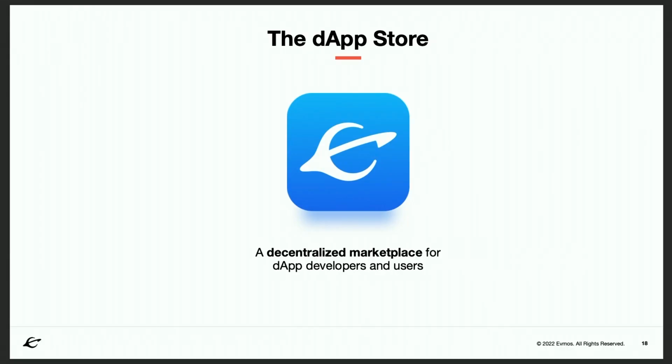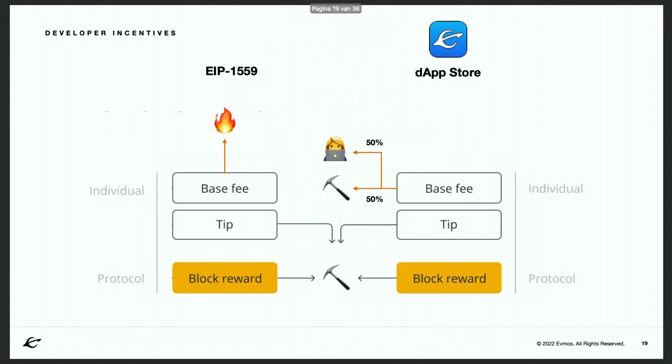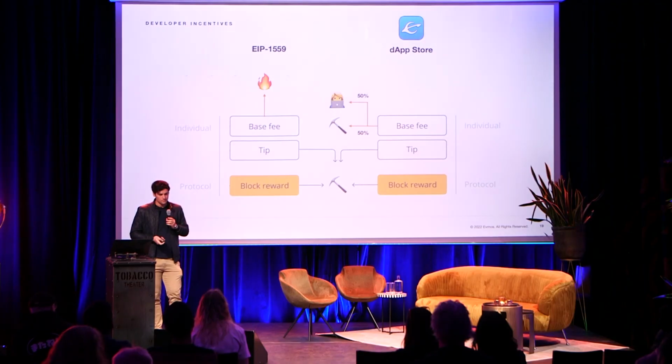The Dav Store is basically a decentralized marketplace where dApp developers and users meet together, and instead of burning the base fee as traditionally in EIP 1559, you're splitting that between the developers that are constantly building on the protocol, and also the validators in this case for Evmos. And the priority tip is still going to the validators, same as the block rewards.